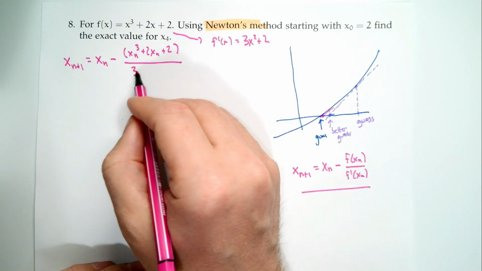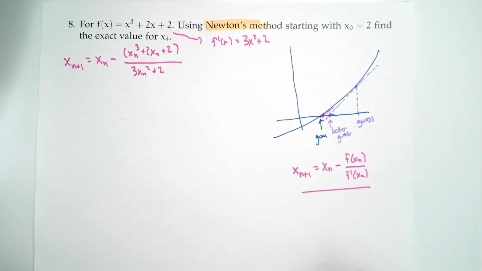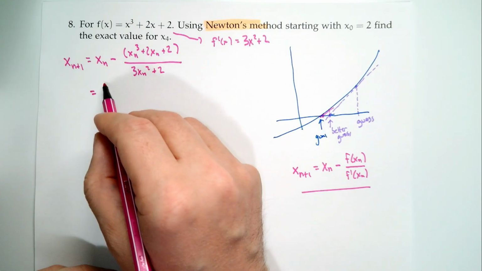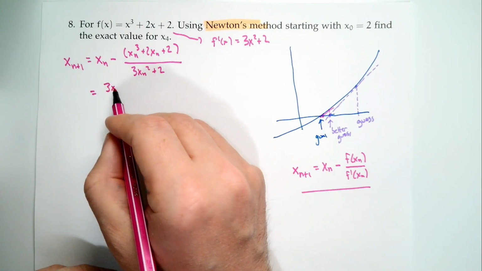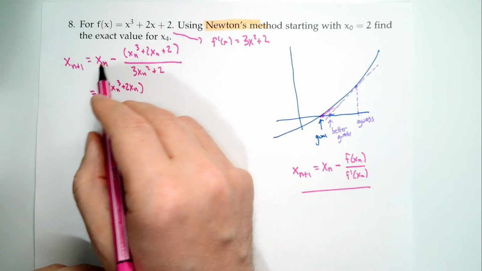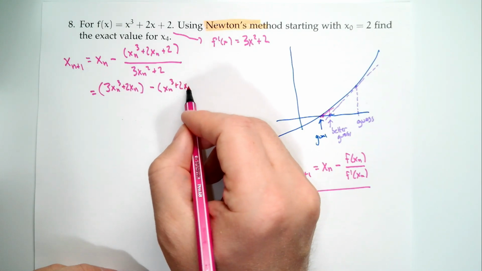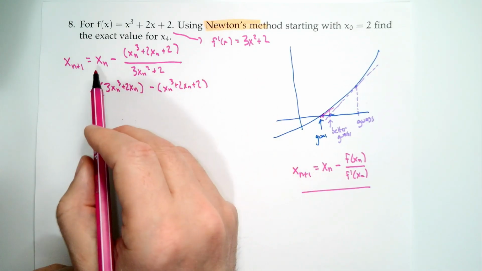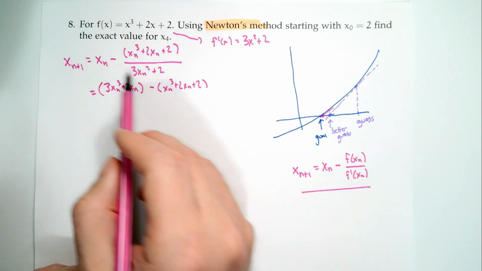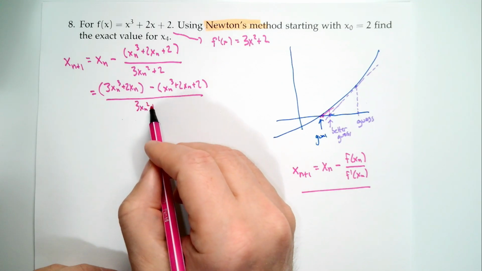So 3xn squared plus 2. Now we could actually clean this up a little bit, right? We could get a common denominator. So that would be 3xn cubed plus 2xn, that's this piece, minus xn cubed plus 2xn plus 2. Now, how did I get that, by the way? I just multiplied by 3xn squared plus 2 and divided that by 3xn squared plus 2.